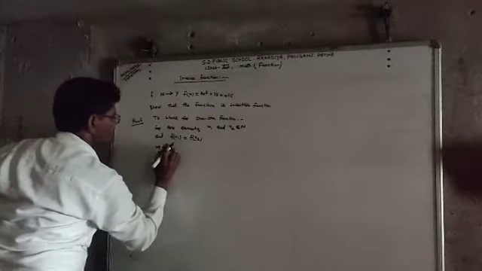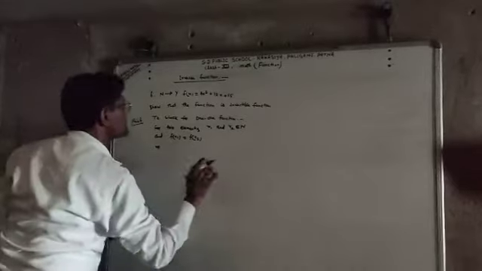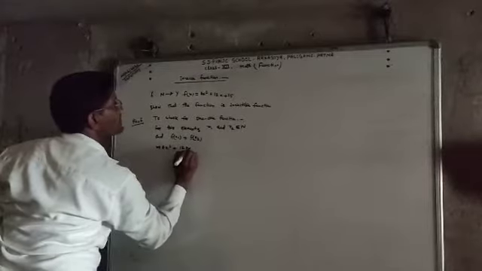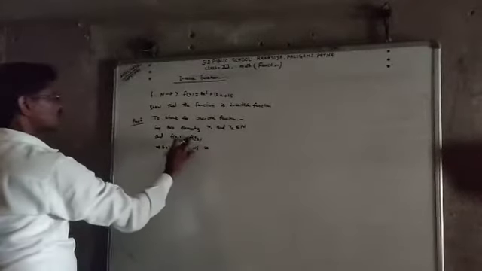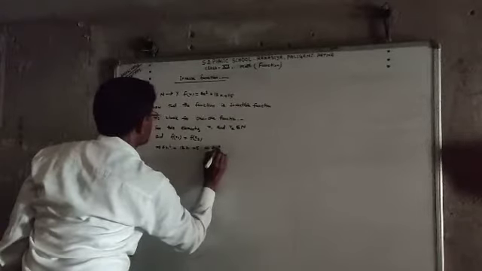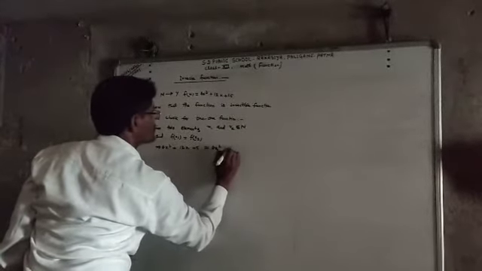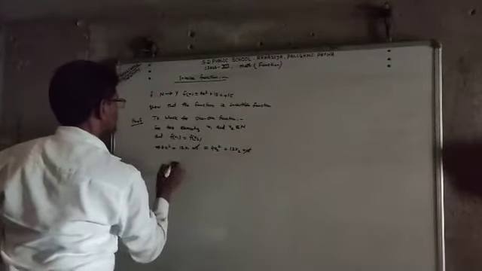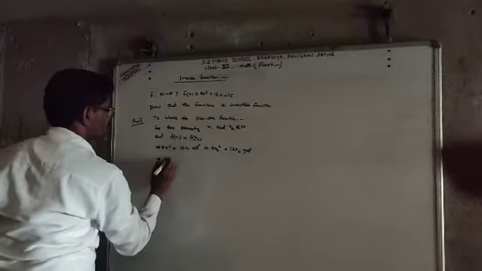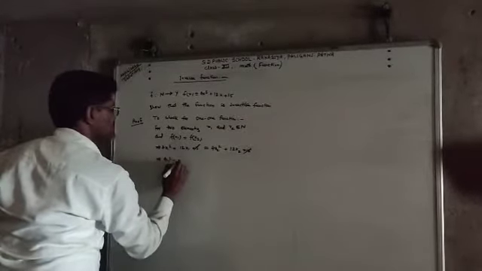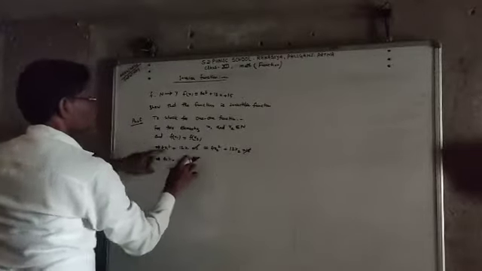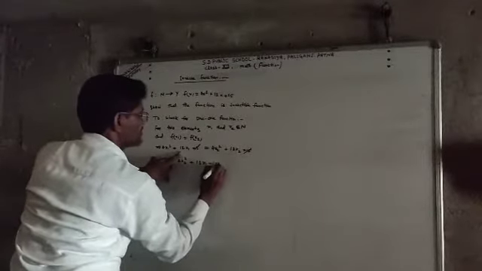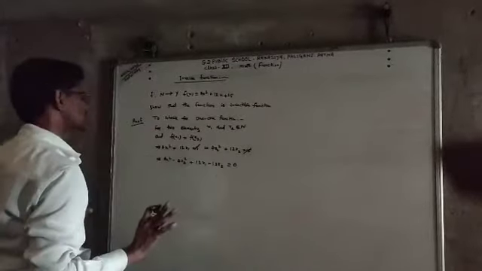So f(x1) will be represented as 4x1 squared plus 12x1 plus 15, which is also equal to 4x2 squared plus 12x2 plus 15. The 15 and 15 can be cancelled, and 4x1 squared minus 4x2 squared plus 12x1 minus 12x2 can be taken on one side, and the other side will be 0.